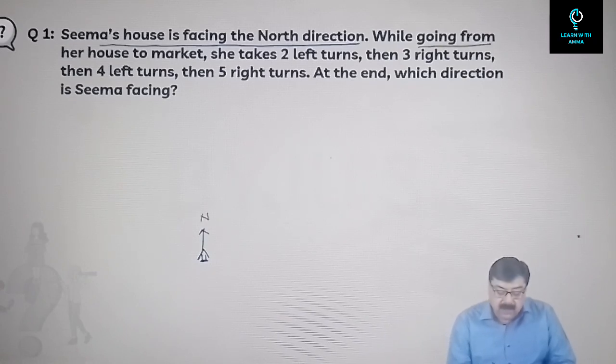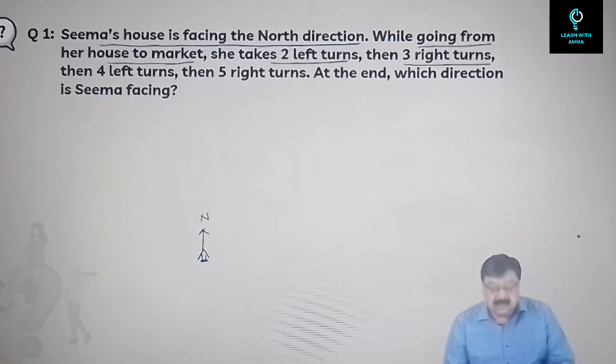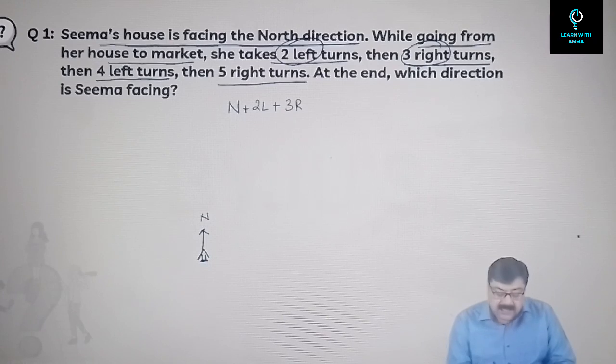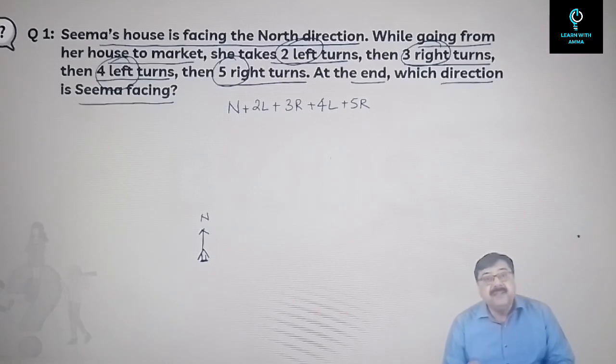While going from her house to market, she takes 2 left turns, then 3 right turns, then 4 left turns, then 5 right turns. So initially, Seema is facing towards north. She takes 2 left turns, then 3 right turns, then 4 left turns, and finally 5 right turns. At the end, which direction is Seema facing?